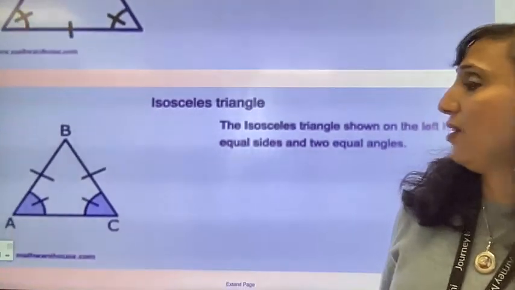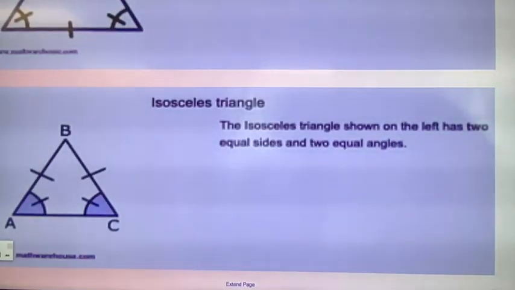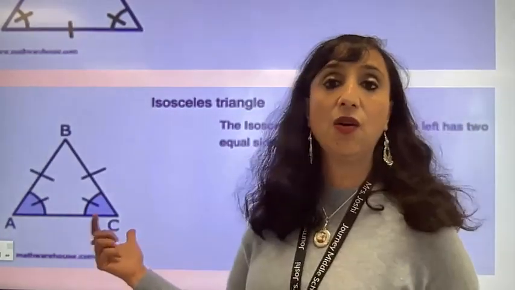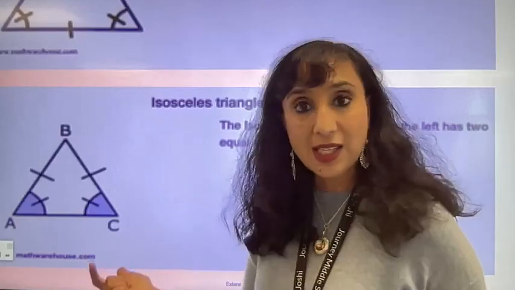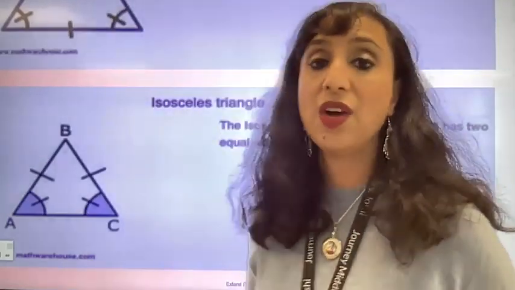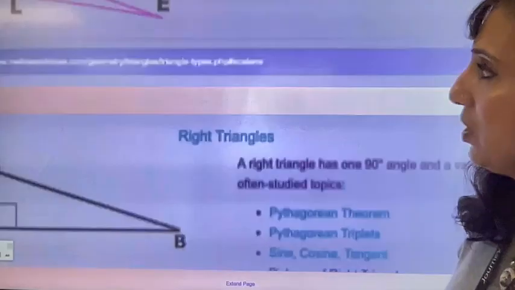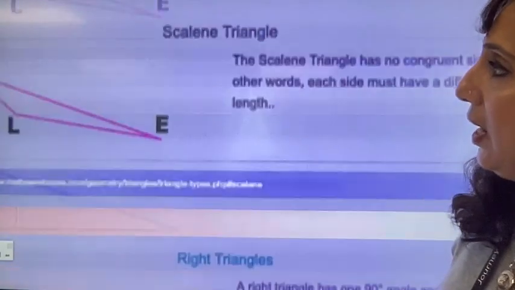Okay, then we have an isosceles triangle over here, and so you have two congruent angles and two congruent sides in an isosceles triangle. All right, let's look at another one really quick. And here we go.